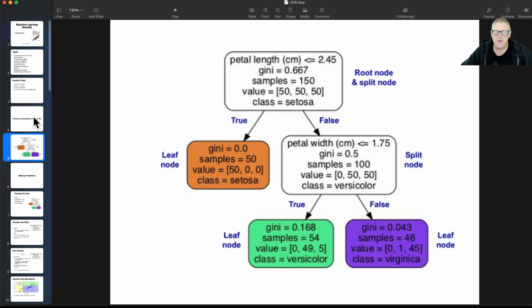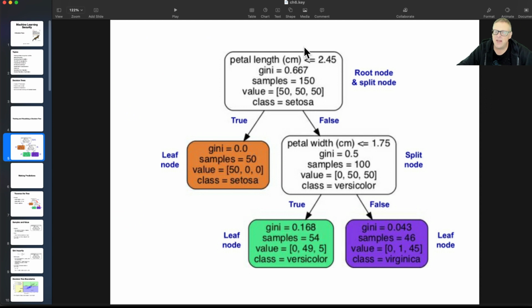So, training and visualizing a decision tree. Here's an example. Take the iris data we talked about before, one of the classic machine learning data sets, which measures 3 numbers having to do with the size of various features on iris flowers, and then you try to sort those flowers into categories: Setosa, versicolor, and virginica.